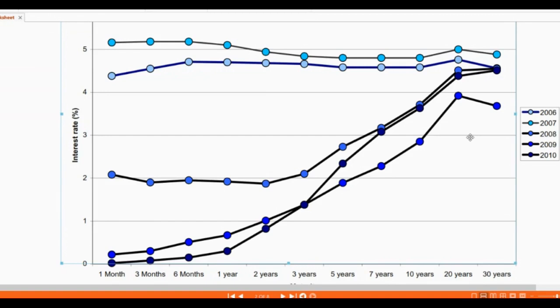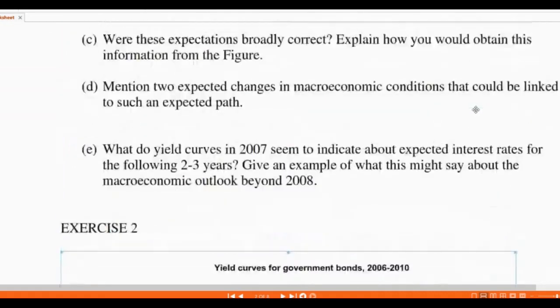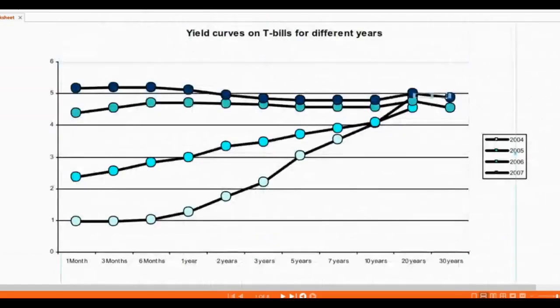What else can we observe from here? Marshall says longer maturity is associated with a higher interest rate. That's right, usually. So these rates are usually, in this figure and in the one before, higher than the ones over on the left.